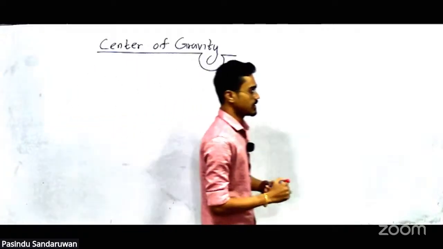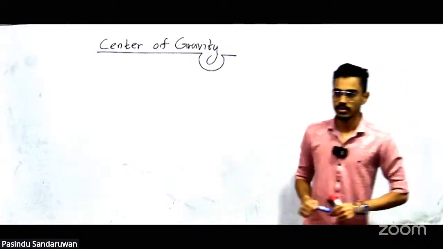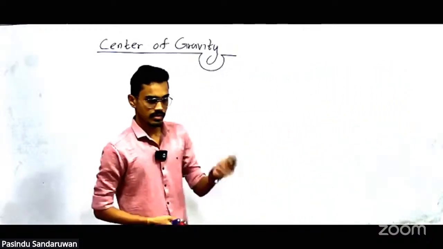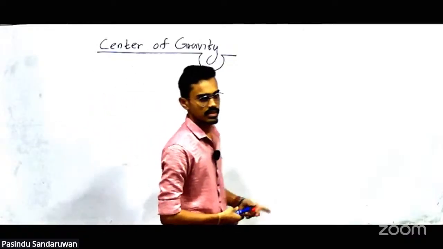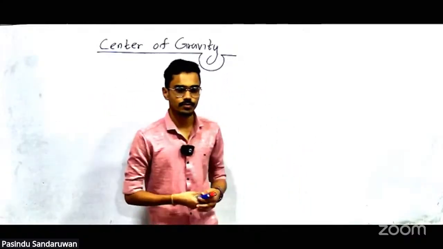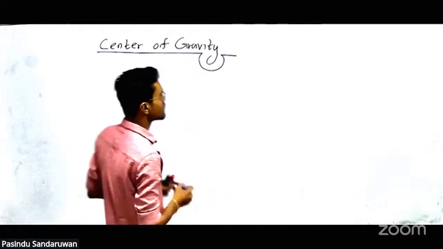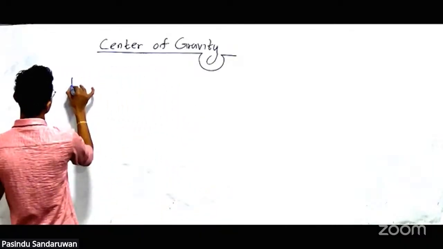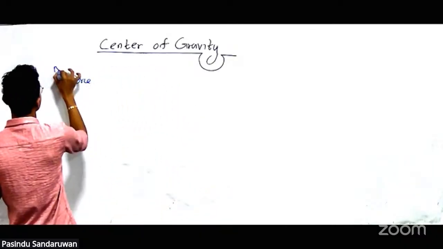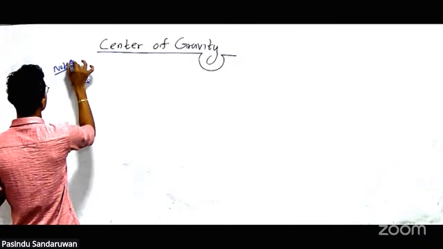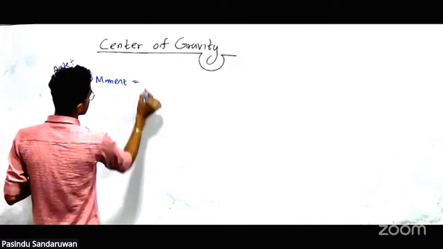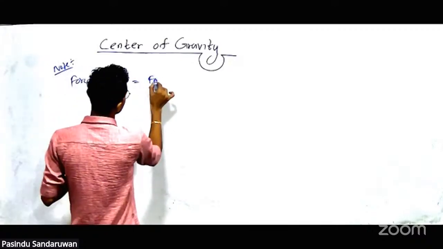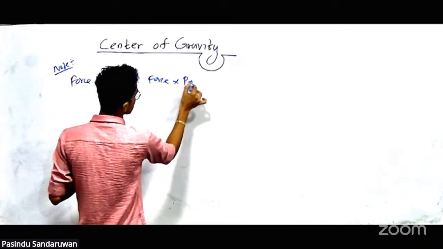Since there are new batch students also, I will quickly brief about force moments again, because here we need to have some idea about force moments, right? Okay, you tell me, what is a force moment? Force into perpendicular distance.